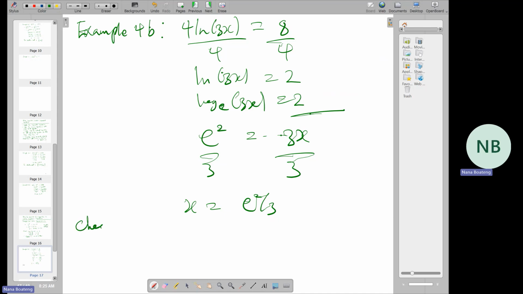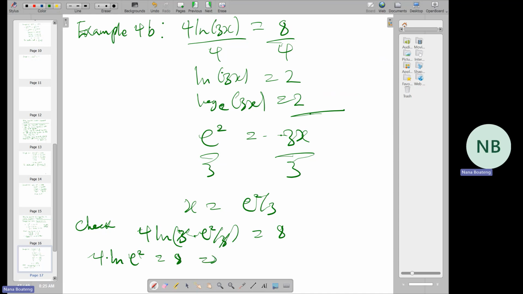And we can run a check to see if this value of x is correct. So a check will be 4 times the natural log of 3 times e power 2 divided by 3 is equal to 8. So this 3 will divide this 3. So we have 4 natural log of e squared is equal to 8.